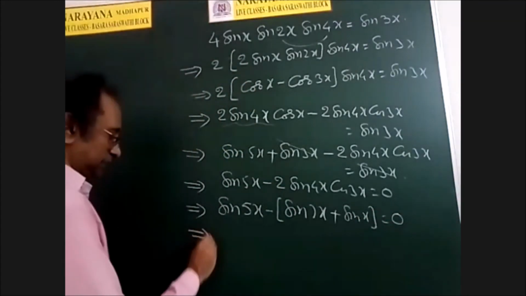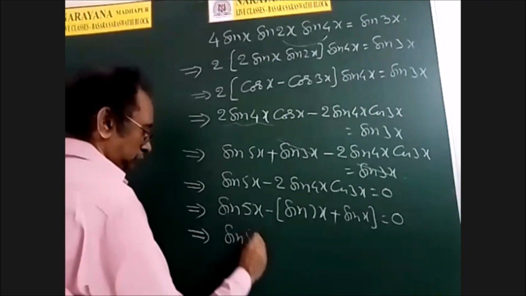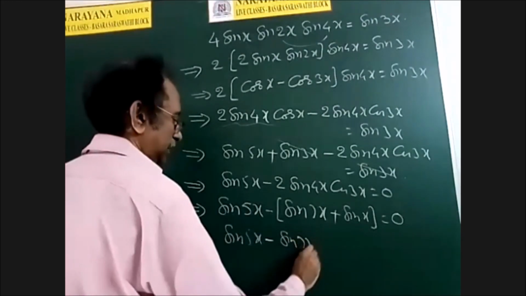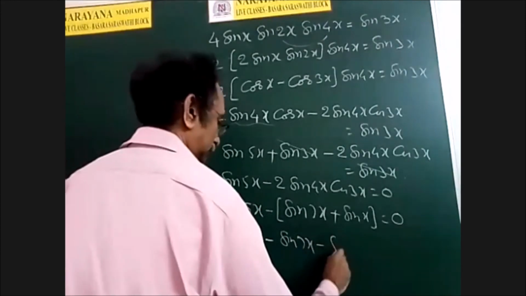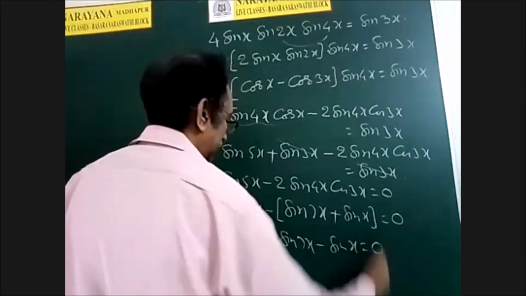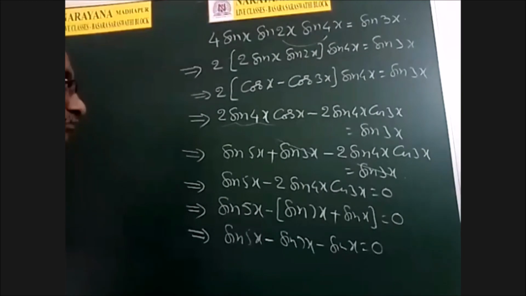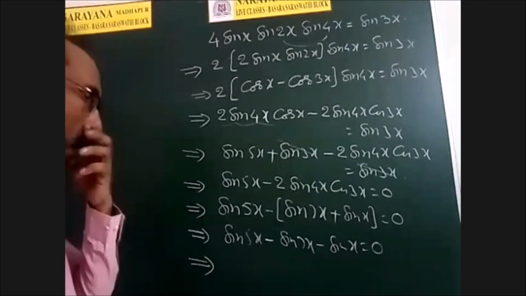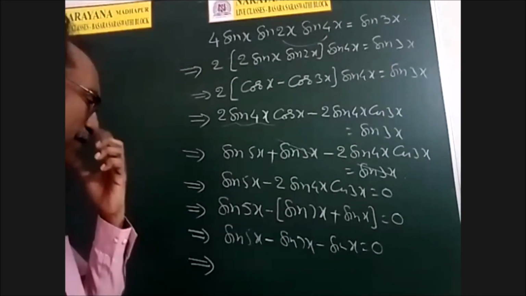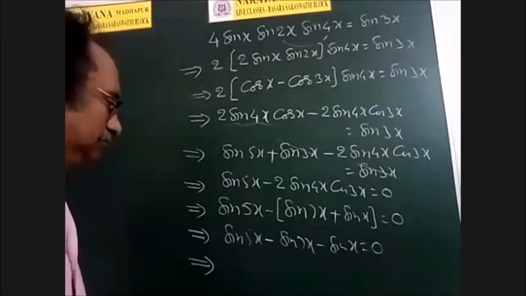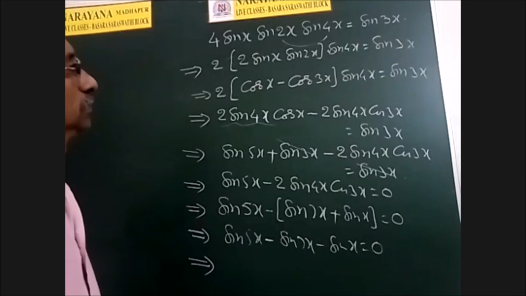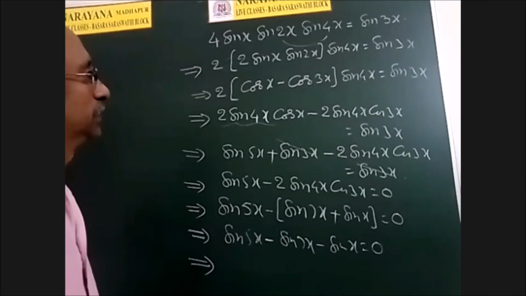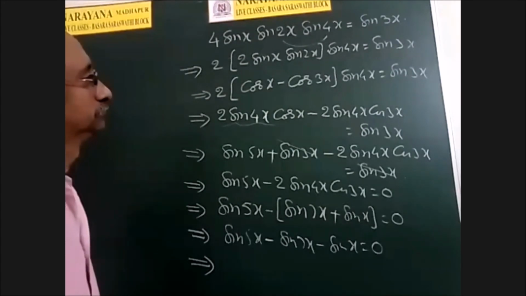So that implies sin 5x minus sin 7x minus sin x is equal to 0. So we deviated at some step. We deviated.